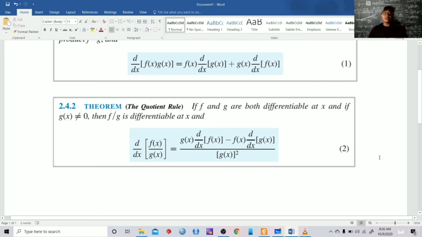And for the quotient rule, if f and g are both differentiable at x, and if g of x is not equal to 0, then f over g is differentiable at x, and the derivative of f of x divided by g of x is equal to g of x times the derivative of f of x minus f of x times the derivative of g of x, divided by g of x squared.